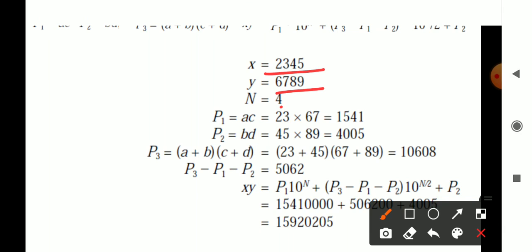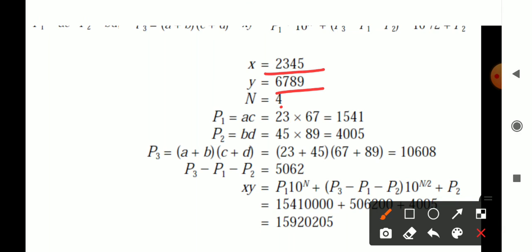Remember that divide and conquer algorithms work better when the data is divided into similar parts. Here we have similar numbers of digits, 4 and 4.